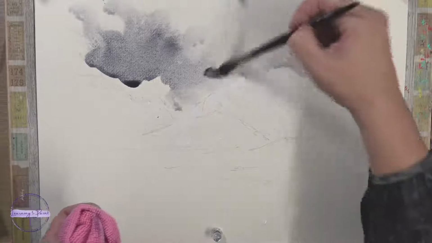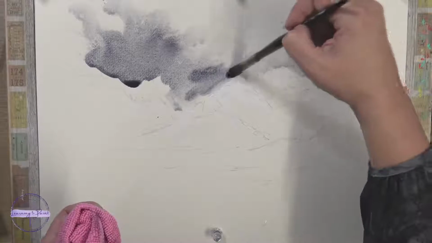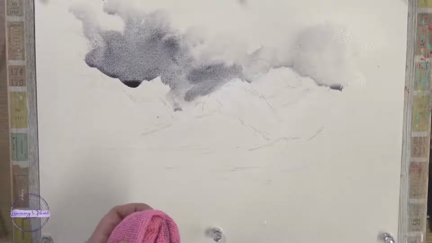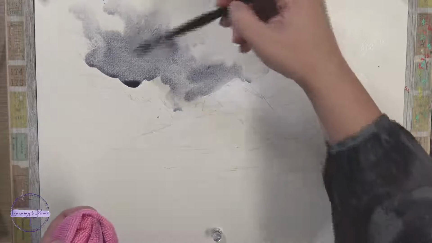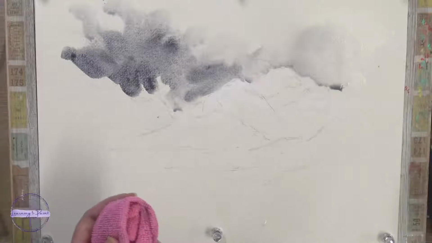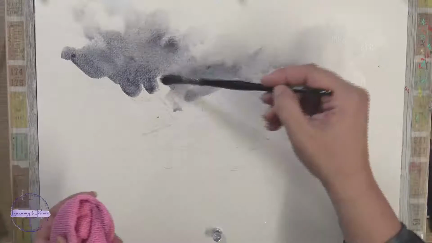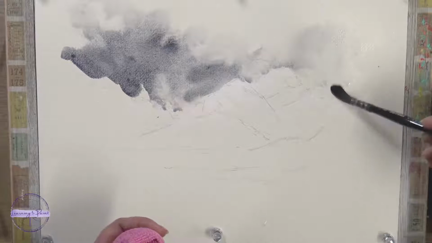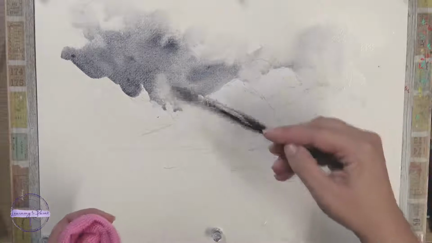Maybe add a touch more in there so that it goes kind of against that mountain. And I think possibly a bit more, let's be braver over on this side so that we get that kind of stormy, gloomy, foreboding kind of atmospheric thing going on.